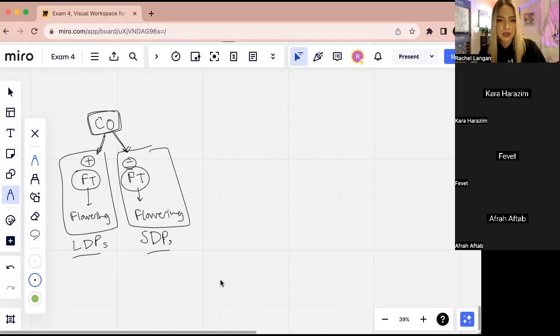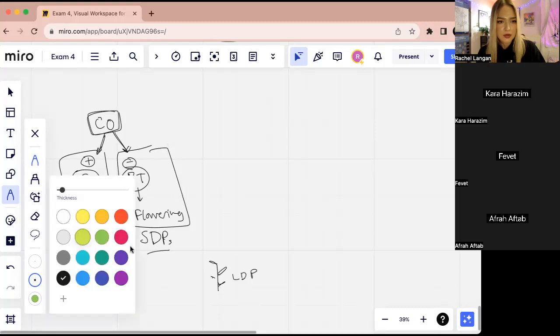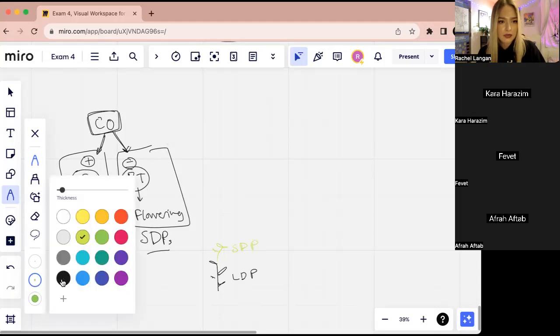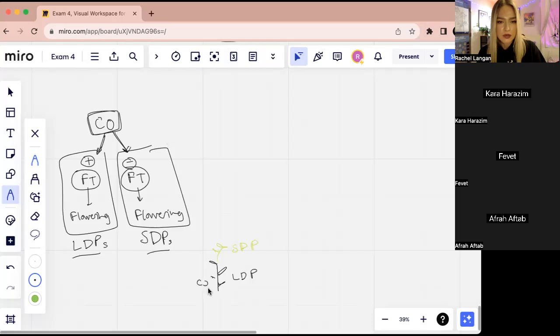And that's important because if you have a long day plant, say this is long day, and you graft onto it a short day plant, and let's say you create conditions where there is CO protein around, then the CO protein is going to inhibit the FT, the Florigen, in the short day plant, but it's going to activate the FT in the long day plant.